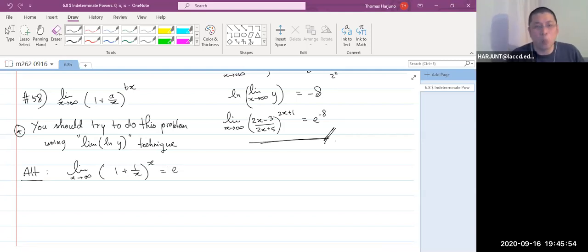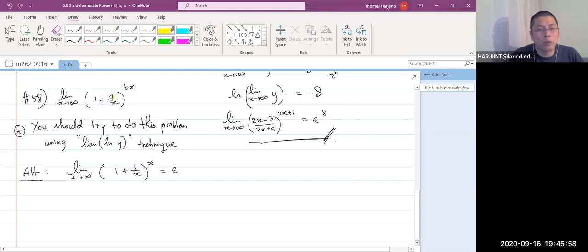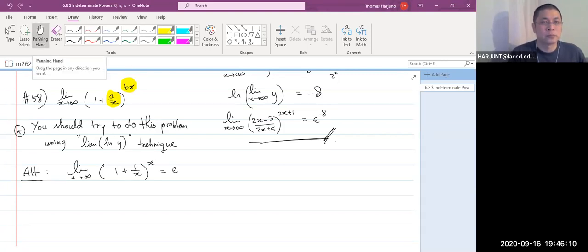Now what I want to do is to modify this so it becomes 1 over x, and this into something times x. That's what I will do.